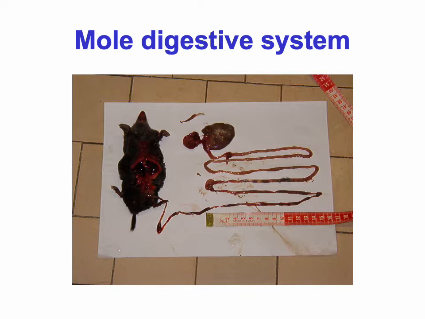The original ancient digestive type and digestive system used to be similar to the mole digestive system, namely it is an insectivore digestive system with a big stomach with two parts, and a very simple small and large intestine, and with only an apparent cecum.